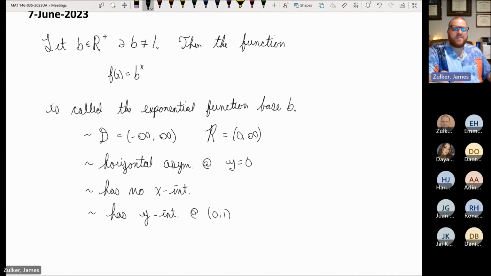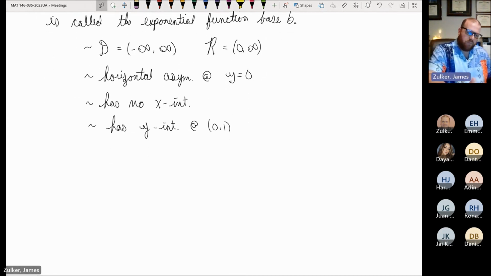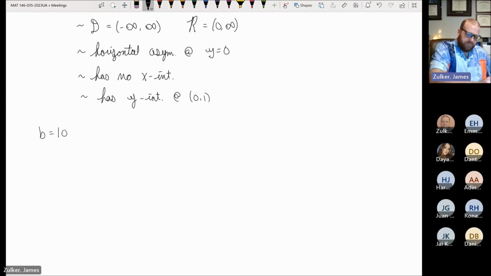Two of the most common bases used in mathematics: we have b equals 10. This is called the common base.